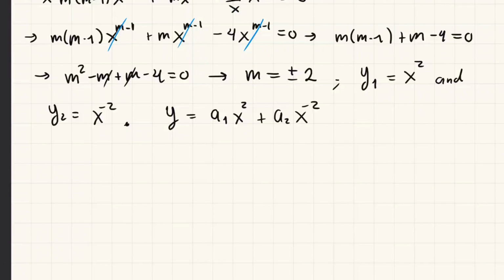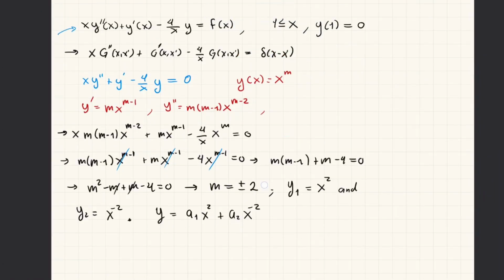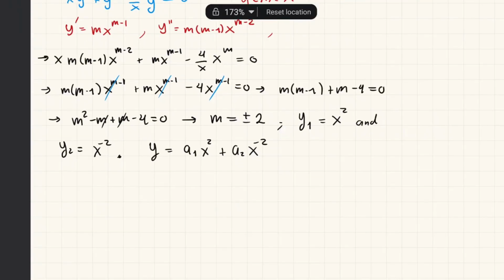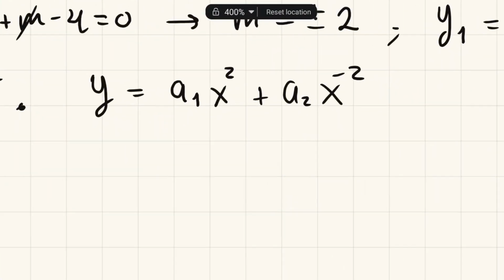With this function we have a motivation to construct the green function. Recall that in this case, these are only constants, just numbers.